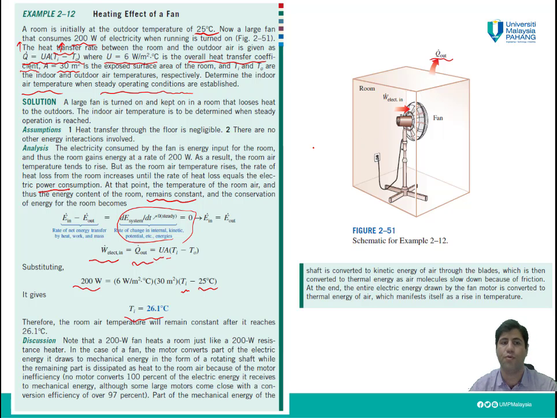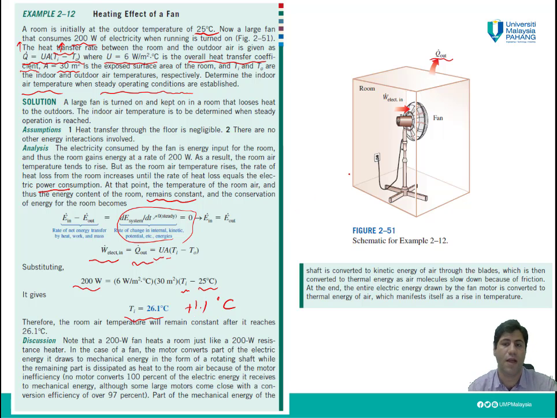We put a fan inside the room to reduce the temperature of the air inside the room, but finally temperature is increased. The temperature of the room after a while, after reaching a steady state, will be 26.1 degrees Celsius. It is increased by 1.1 degrees Celsius.